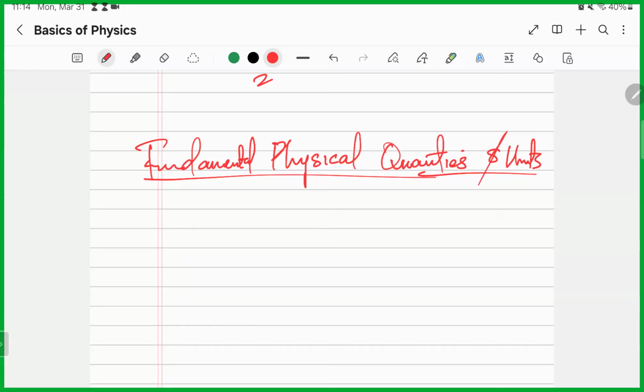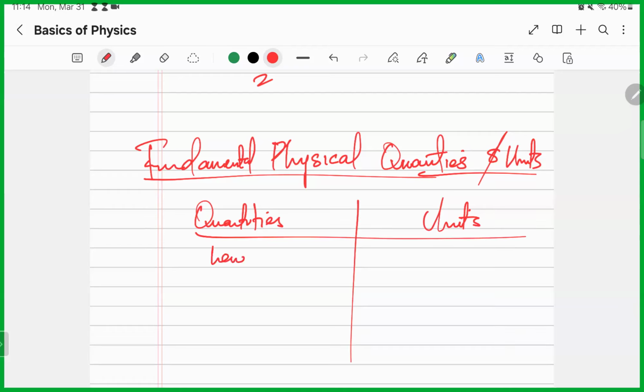So I will list out the fundamental physical quantities, and I will list their corresponding units. The quantities: I'll say length, and the unit is meters, which I'm going to put as small m. I'll say mass, the unit is kilogram, kg.